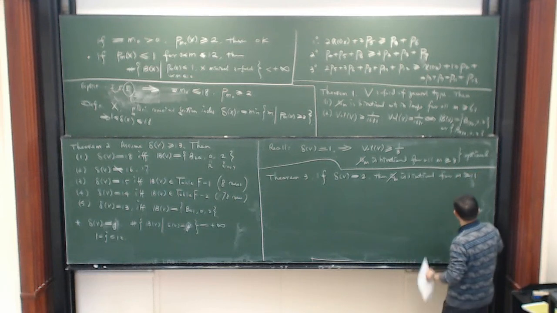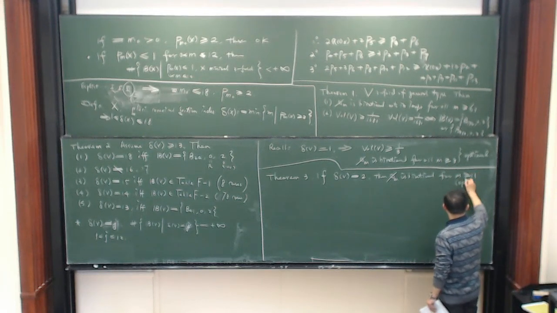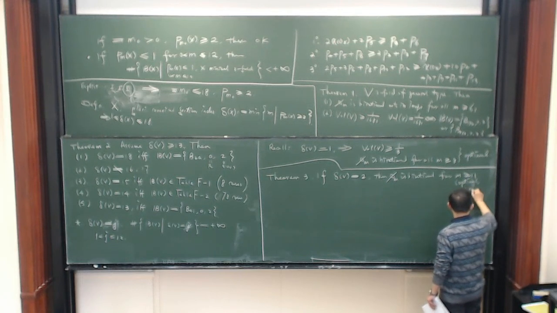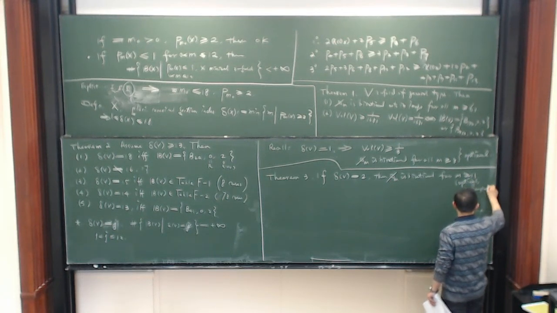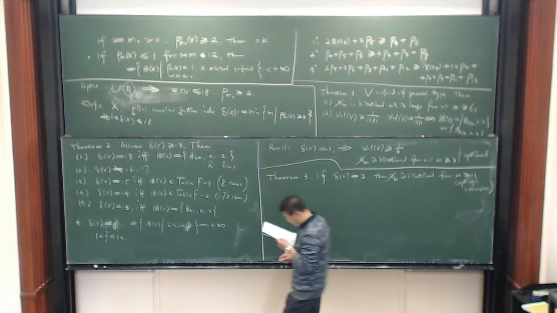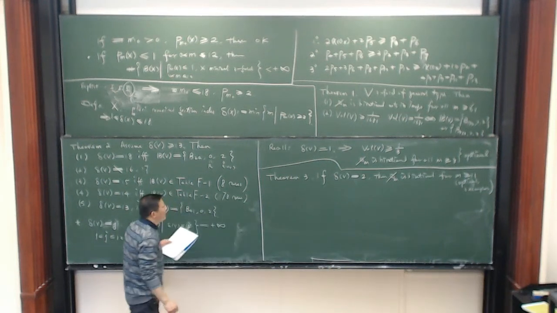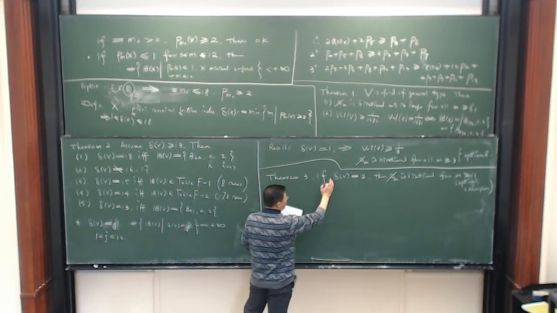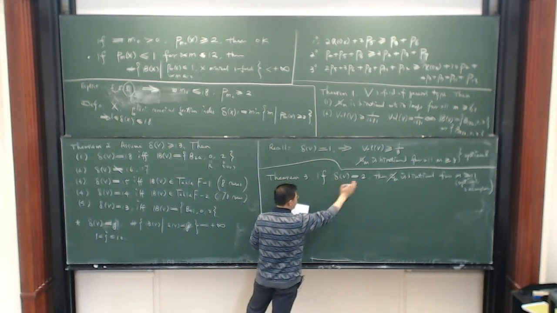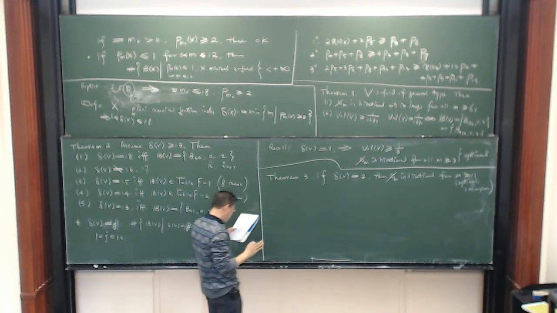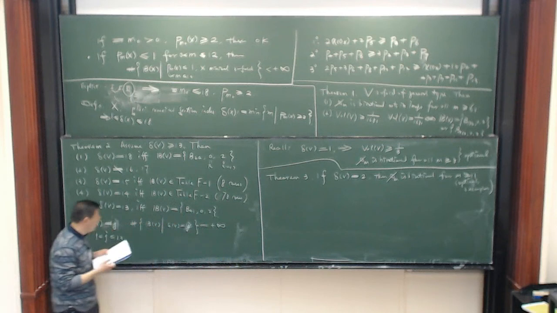This is optimal. We have 3 supporting examples. So even in the case of delta V equals 2, we don't know the real lower bound of the volume.